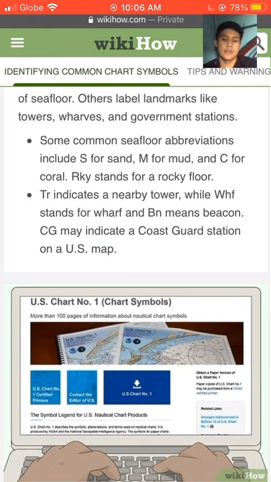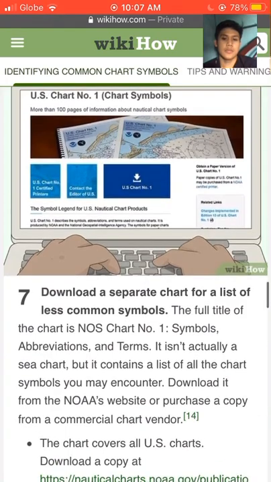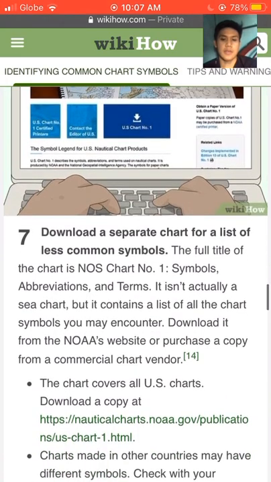And lastly, number 7. Download a separate chart with a list of less common symbols.